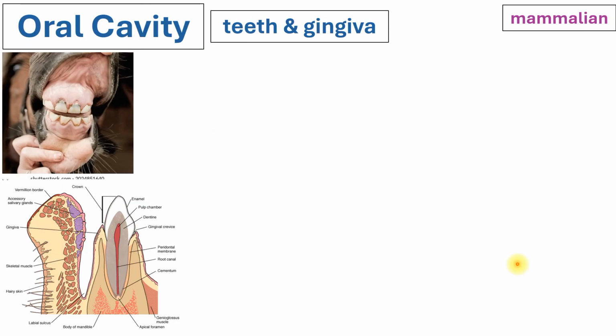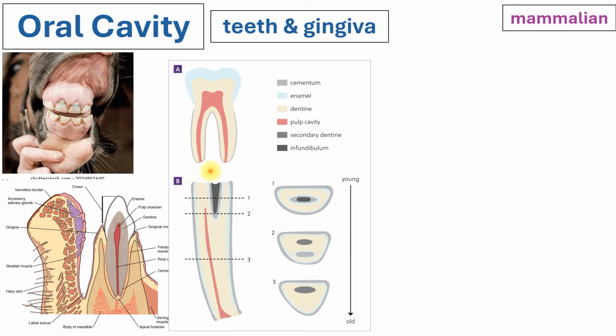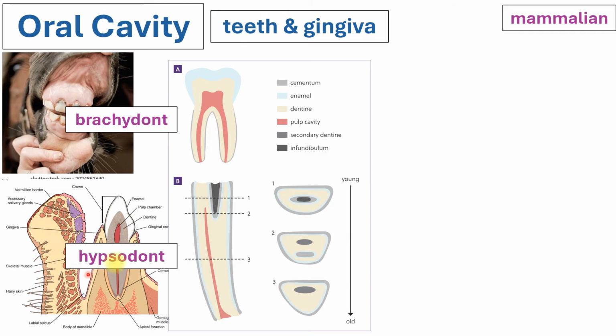For the teeth and the gingiva, we will focus here. For the teeth, we have two basic types in the domestic species. We have our brachydont, brachy meaning short, and brachydont teeth actually stop growing after they have erupted, while we have our hypsodont type of teeth, which is continually growing.